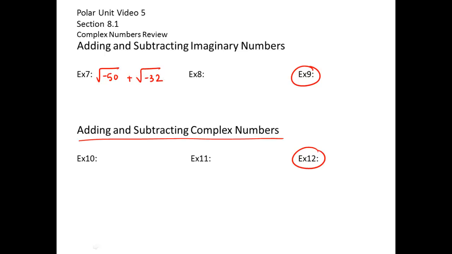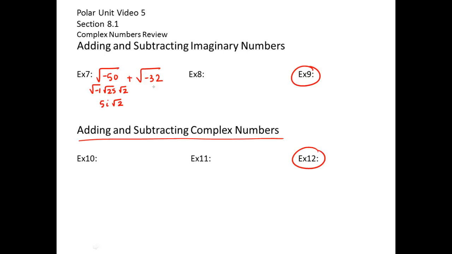I cannot add these together because the number under the radical, called the radicand, is different. So I have to first simplify each of these radicals and then decide if I can add them together. So I've got, right here, the square root of -1 times the square root of 25 times the square root of 2. That gives me 5i square root of 2.